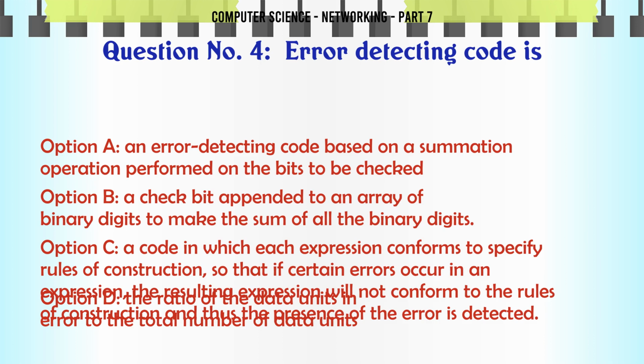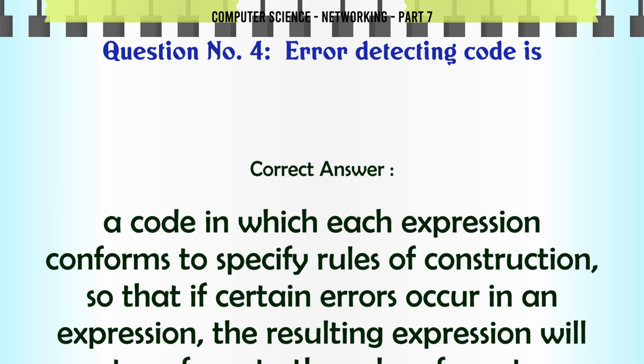D. The ratio of the data units in error to the total number of data units. The correct answer is a code in which each expression conforms to specify rules of construction so that if certain errors occur in an expression, the resulting expression will not conform to the rules of construction.